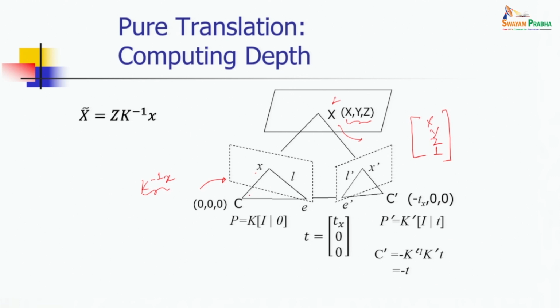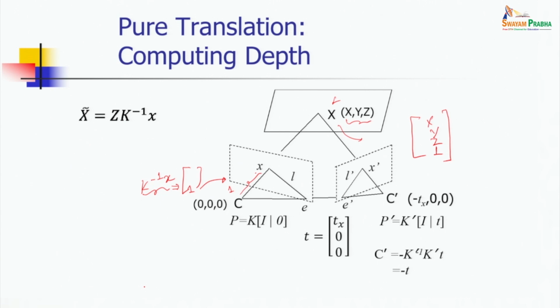Then this is placed at a distance 1. K inverse x means this image point is placed at depth 1, basically in the x-z direction its z value is 1. So its z value should be equal to 1 for K inverse x.